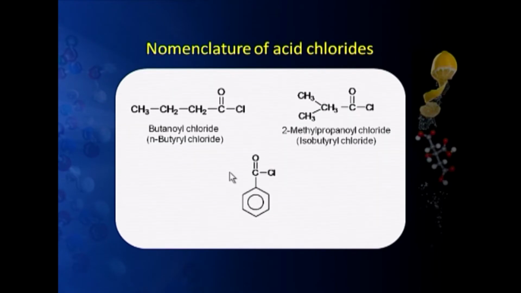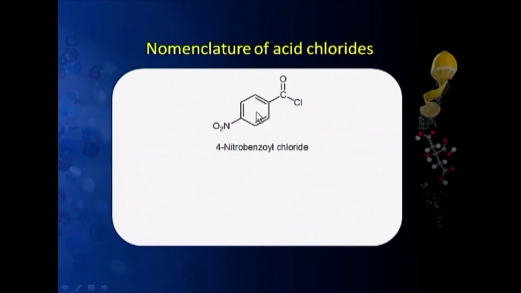This is the acid chloride from benzoic acid. The OH of the benzoic acid is displaced by Cl. So this is named benzoyl chloride. Since the IUPAC name is also the same as the common name, there is one name for this acid chloride, benzoyl chloride. Now, this is a substituted benzoic acid, its acid chloride.